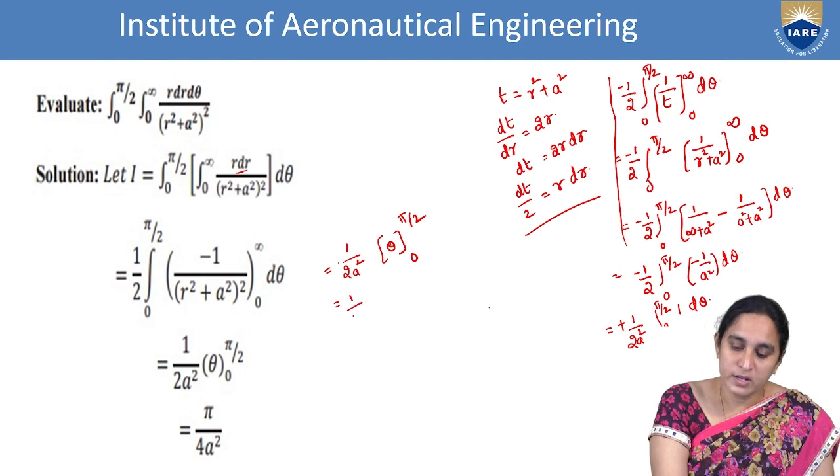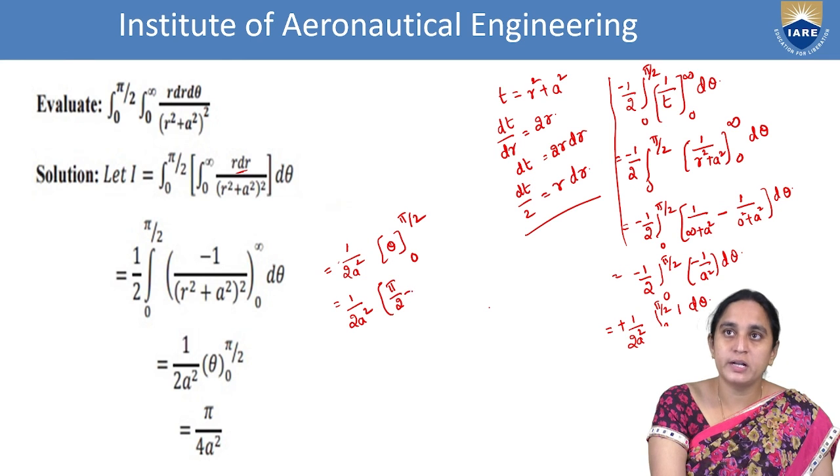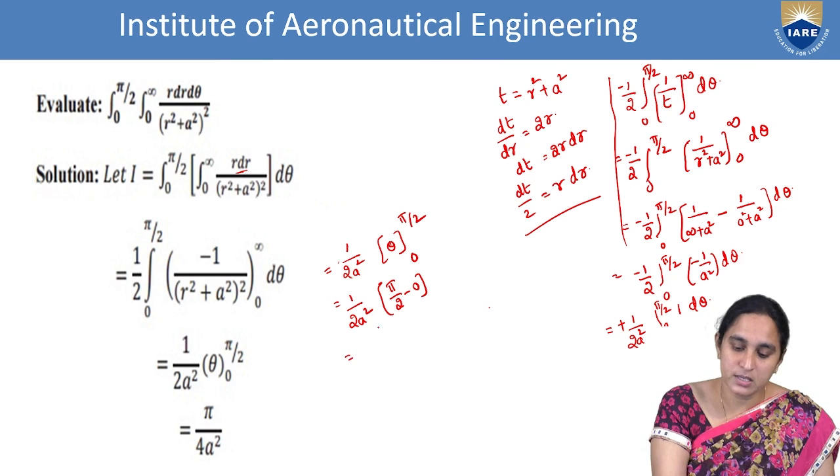Therefore 1 by 2a square into upper point pi by 2 substituted in place of theta, and lower point 0. From that, 1 into pi, pi by 4 a square.